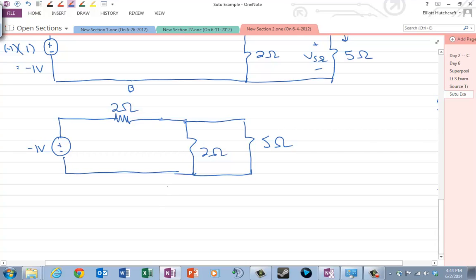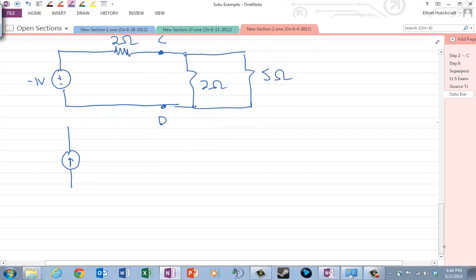Okay, now again, I'm going to relabel and say, okay, now I'm going to do a source transformation. I'll call this terminal C and this terminal D. And so I'm going to do source transformation. My current source, I'm going to keep the arrowhead at the plus, is going to be minus 1 over 2.